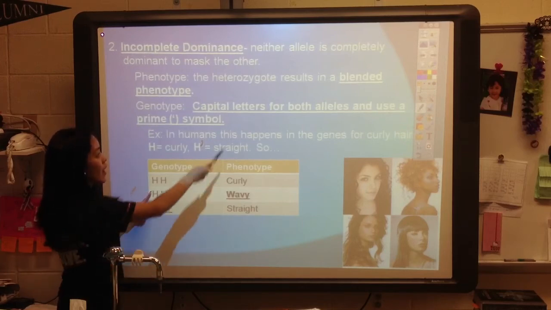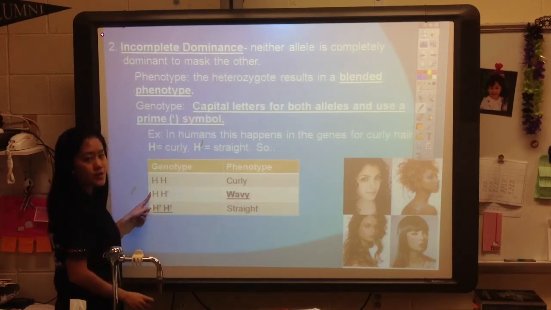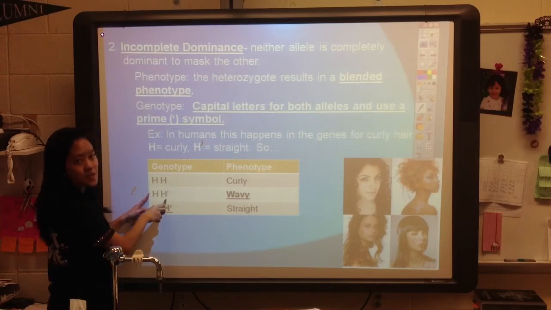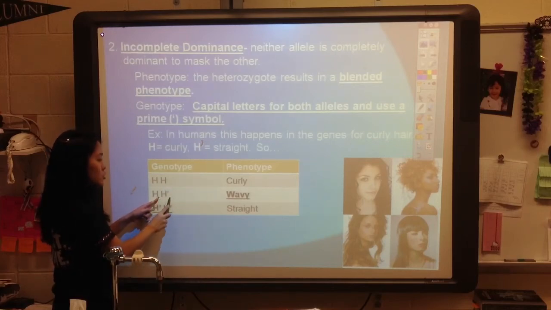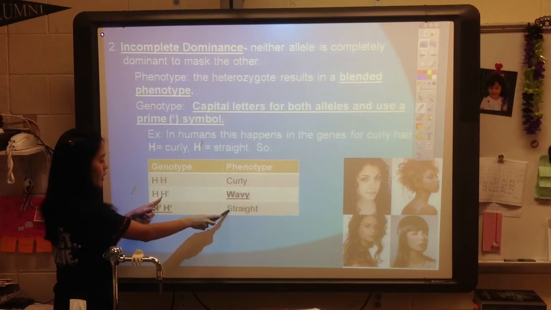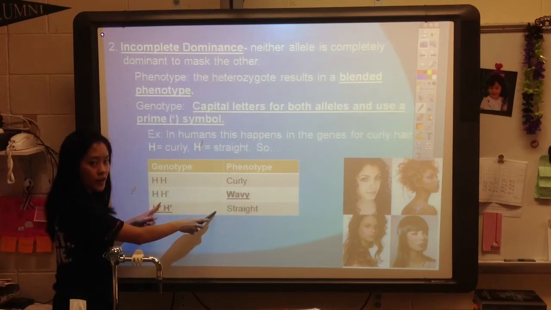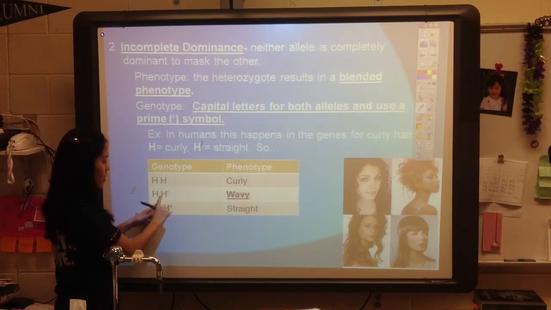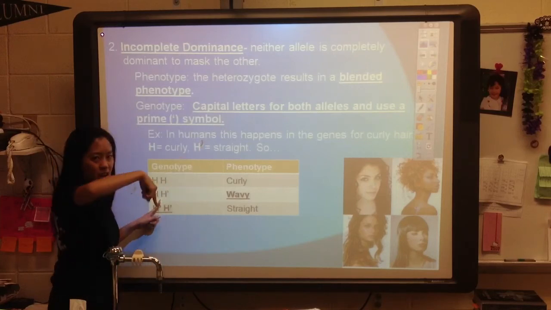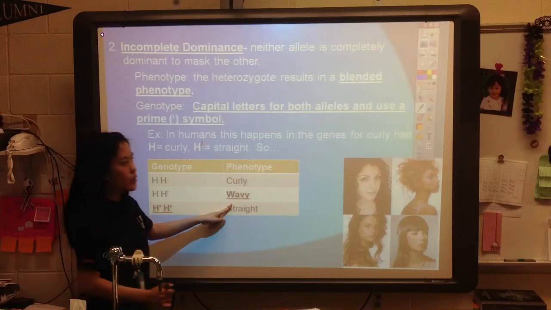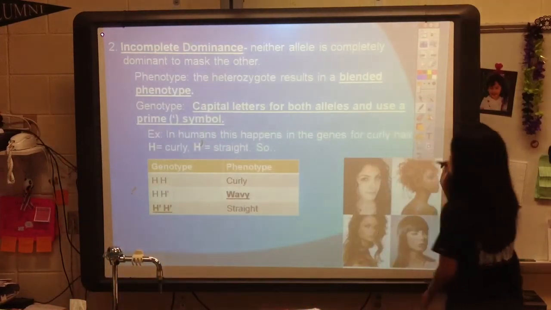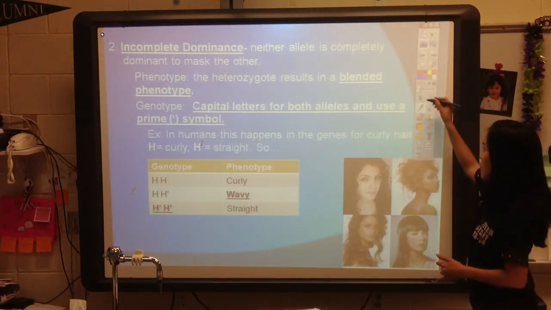But if I have a heterozygote, two different alleles in the same zygote, then I have one allele for curly hair, a regular H, and an H prime allele for straight hair. Curly hair plus straight hair blends together, and I think of that little prime as kind of a mixer in a blender, blends it together, and I get wavy hair. Okay? So make sure you take a minute to finish copying that down.